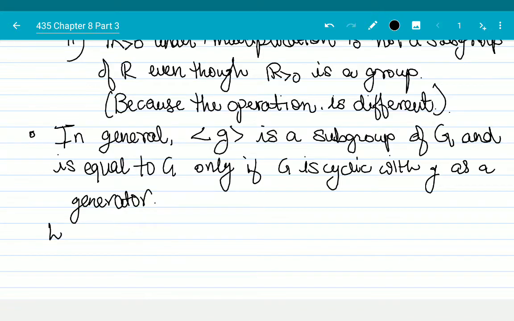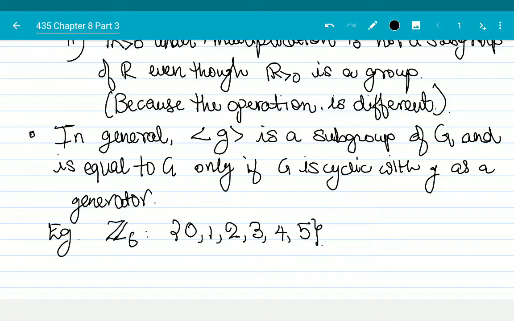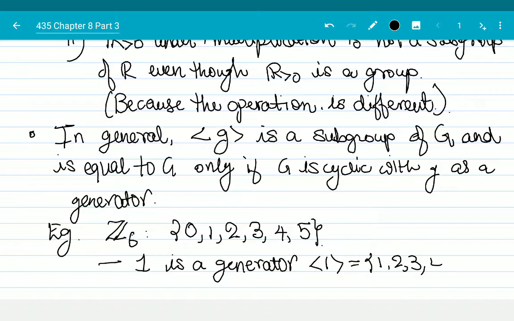For example, if I look at the group Z6, which is 0, 1, 2, 3, 4, 5, 1 is a generator, right? And it generates the group 1, 2, 3, 4, 5, 0.